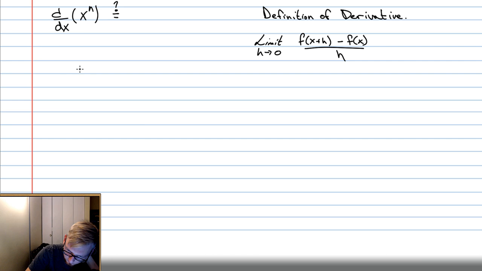So we're going to plug in x plus h in for x to the n. So we've got the limit, and I'm just going to short form lim, h goes to 0 of x plus h to the power of n, minus x to the n, all over h.